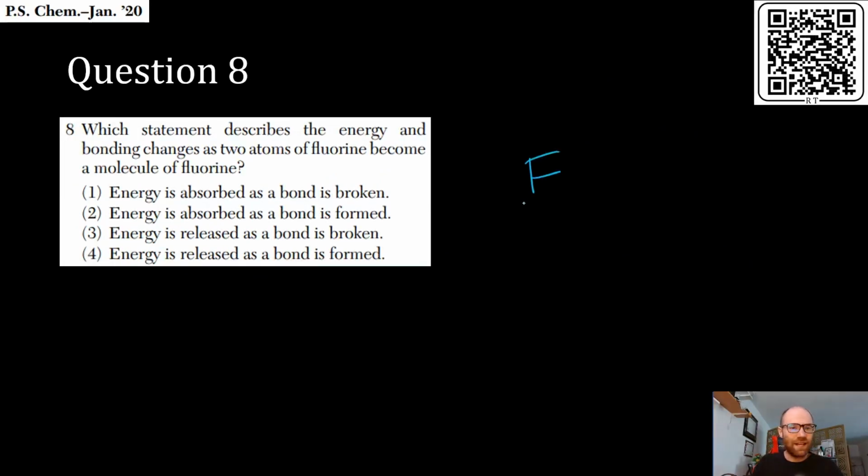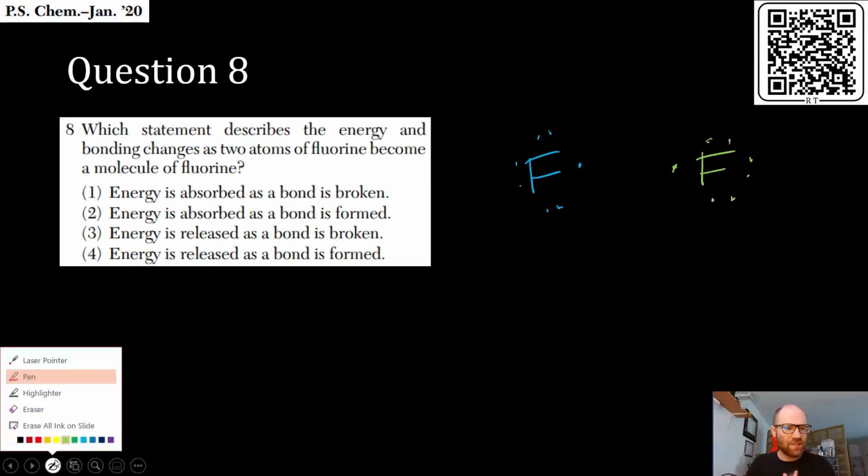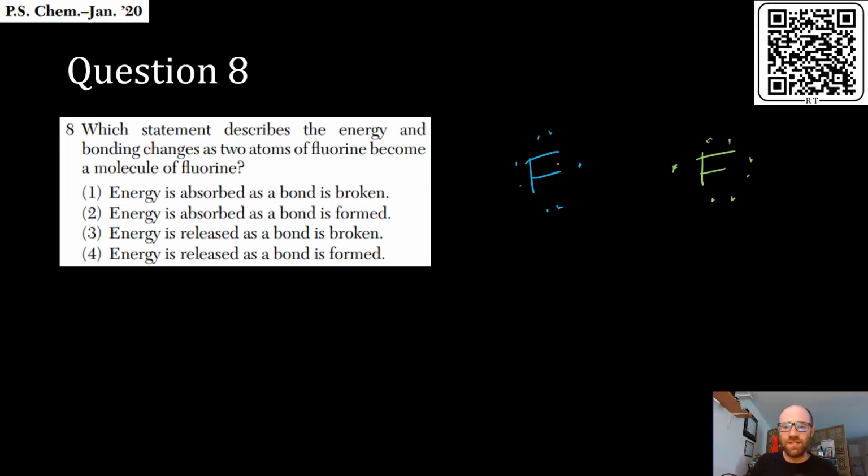So we've got 2 atoms of fluorine become a molecule of fluorine. So let's quick draw our Lewis structures. And one of the things that really isn't shown super well in a Lewis structure is that our nucleus is positive, and then all of these electrons are negative. And that's our guiding force behind why bonding occurs.